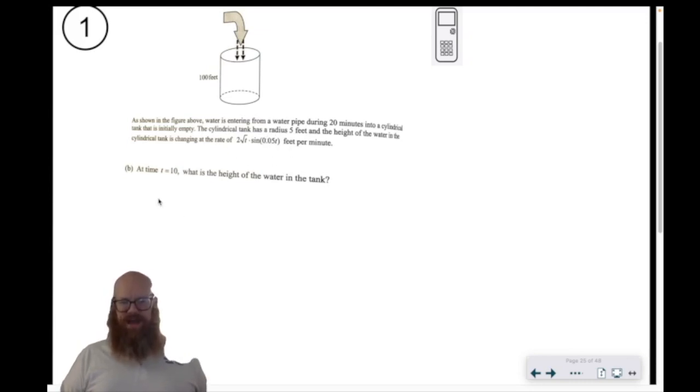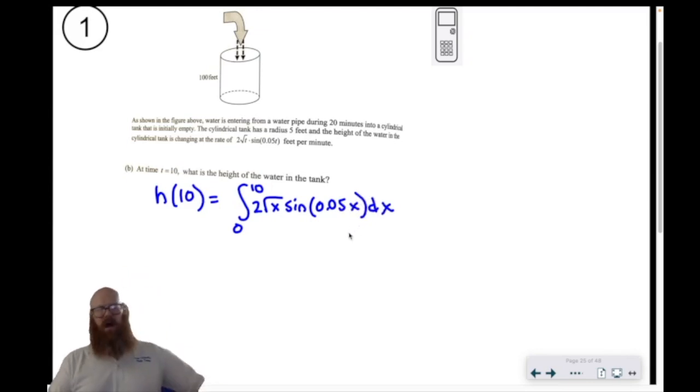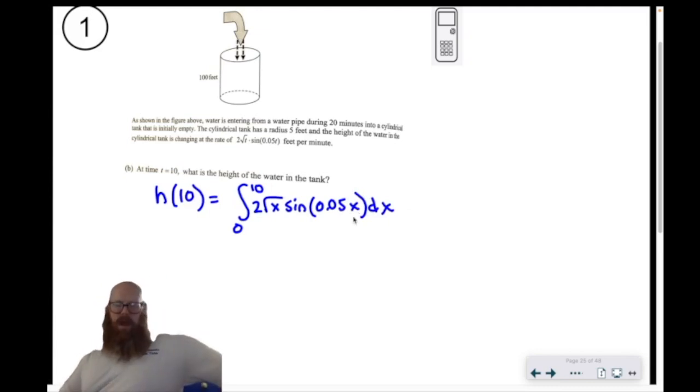So h of 10 would be the integral from 0 to 10 of this function. I'm going to still write it as x because I'm going to be putting this into my calculator. But if you use x or t in this problem, it doesn't really matter because there's only one variable.